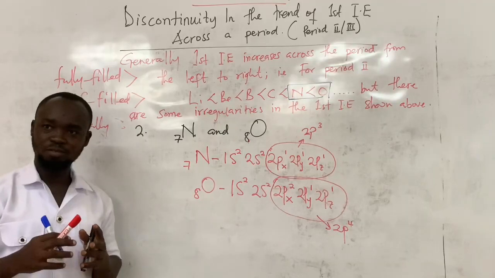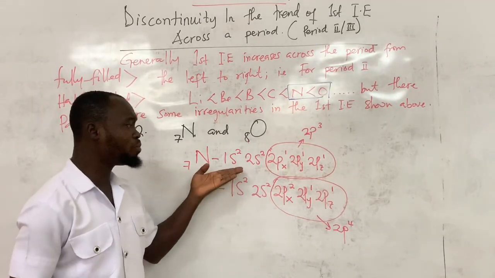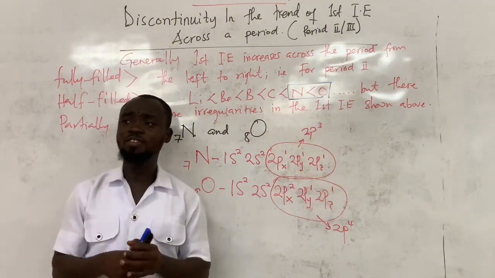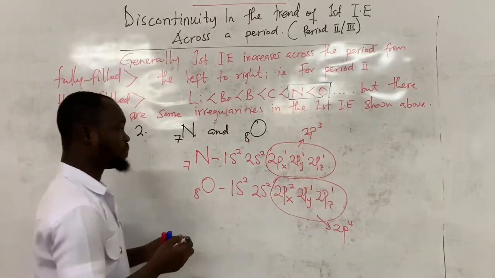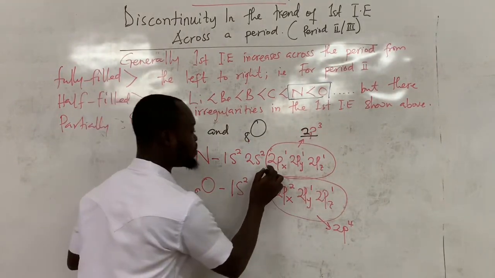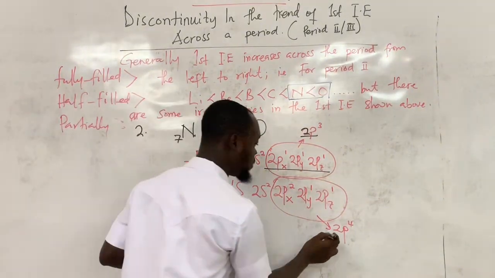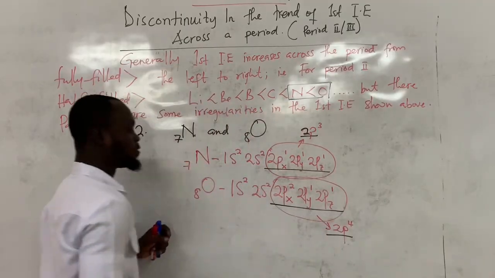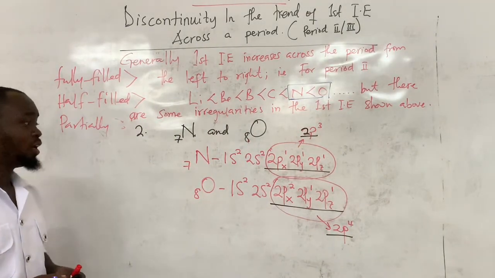Now, let's continue. Looking at these two electron arrangements, the last orbital from which the first electron can be removed for nitrogen is the 2p3 atomic orbital, and that is split here according to Hund's rule. For oxygen, it's the 2p4 atomic orbital, which is also split according to Hund's rule of maximum multiplicity.